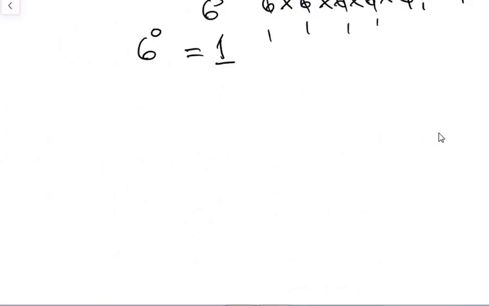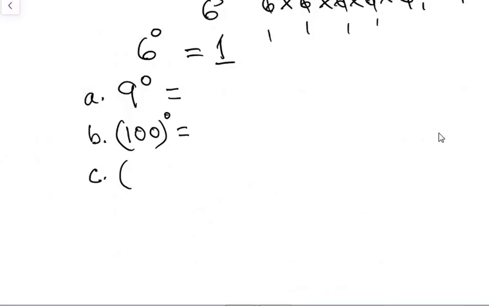With that in mind, I want to see what your answer will be to these very simple exercises. If we have 9 raised to power 0, what would this be? And the second one will be 100 raised to the power of 0, what would this be?